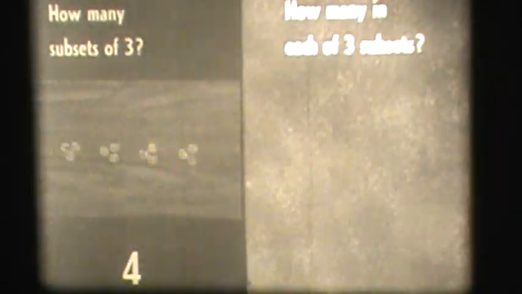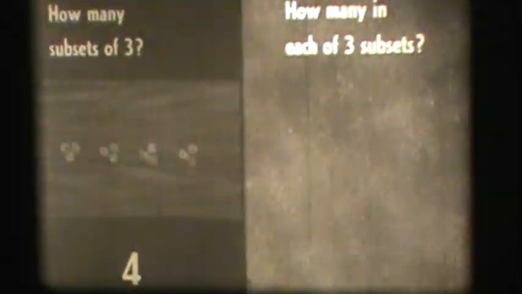So we've now seen that 12 divided by 3 could really be asking 2 questions. How many subsets of 3 in 12? The answer is 4. How many in each of 3 equivalent subsets? The answer is again 4. The answer to both questions is the same. 12 divided by 3 equals 4.